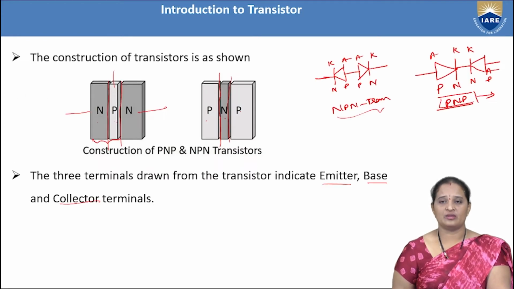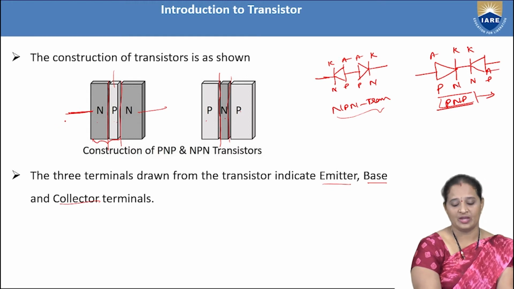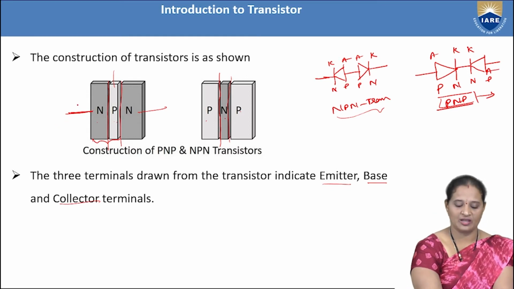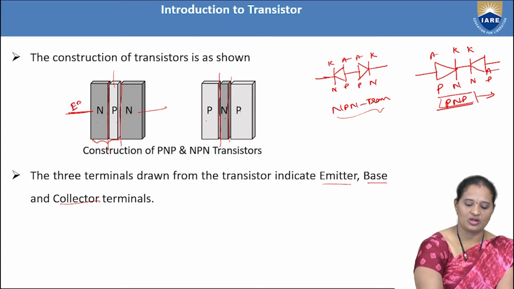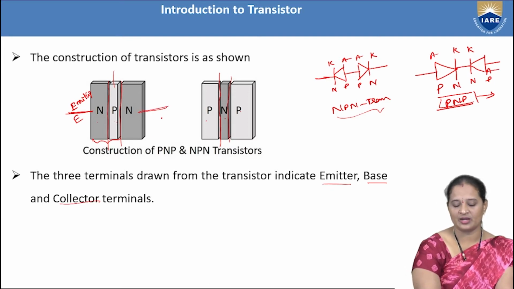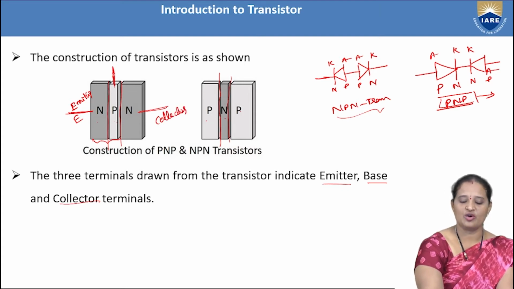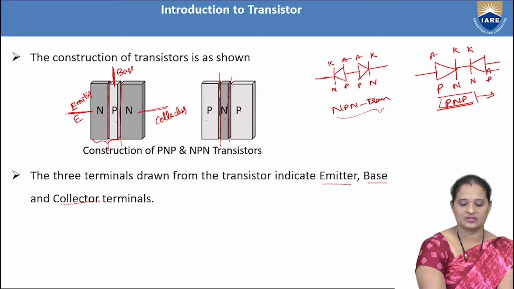So what is emitter? The terminal which we are taking from the left side semiconducting bar is called emitter, which in short we can also represent as E. Whereas from the right side semiconducting bar, the terminal we are taking is called the collector terminal, and the terminal which we are taking from the middle semiconducting bar is called base.